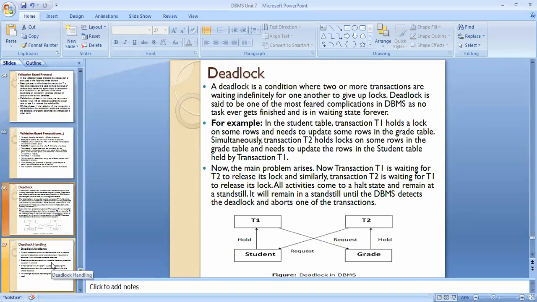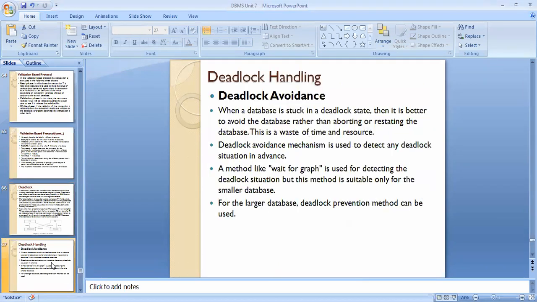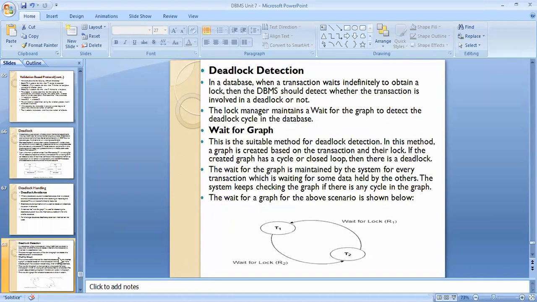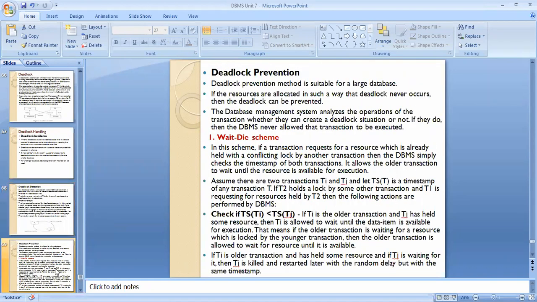So how to handle the deadlocks? Deadlock avoidance is one of the ways to handle the deadlock. Next is deadlock detection and deadlock prevention.